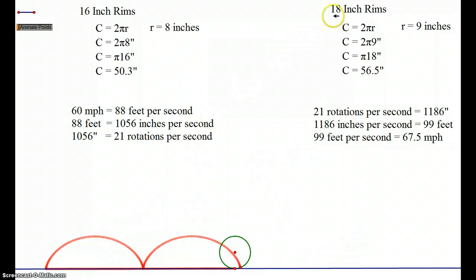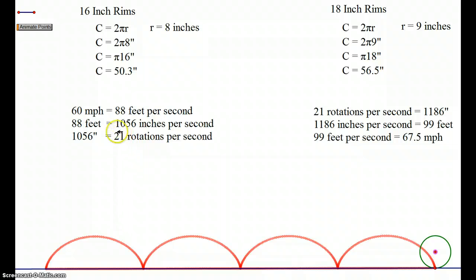Now we move over to 18-inch rims and talk about what happens. We take the number of rotations: 21 rotations per second on 16-inch rims gives us 60 miles per hour. Let's see how fast 21 rotations per second is on 18-inch rims.